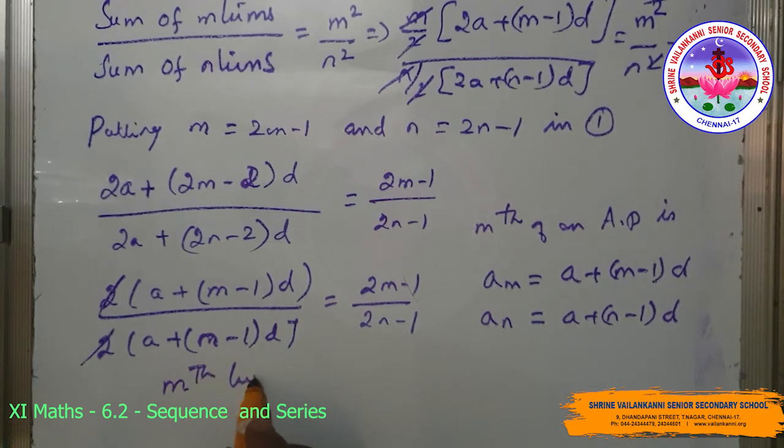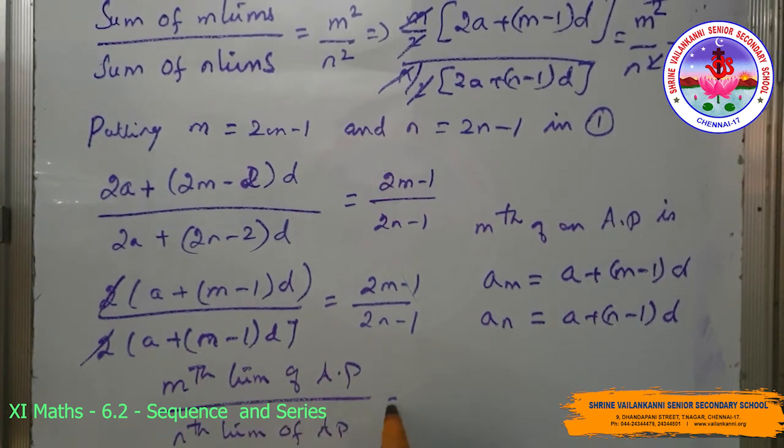So the mth term of an AP by the nth term of an AP is (2m - 1)/(2n - 1). Hence the given result is proved.